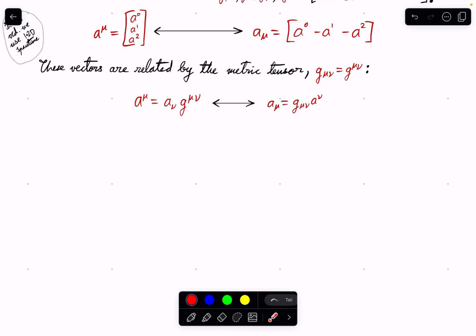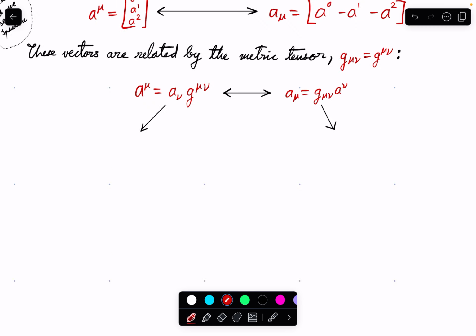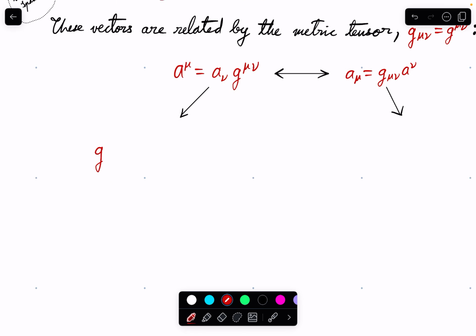So it's saying that if you have a covariant vector and you apply the metric tensor to it, you get a contravariant vector. And if you have a contravariant vector and you apply the metric tensor to it, you get a covariant vector. And these both define G mu nu.